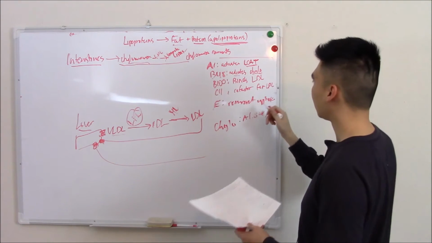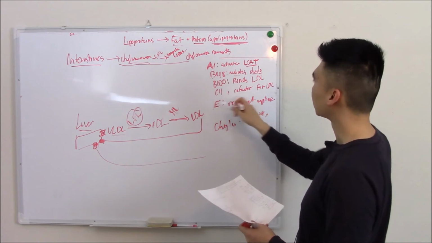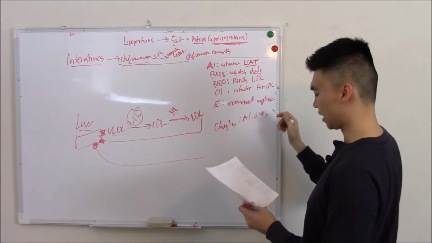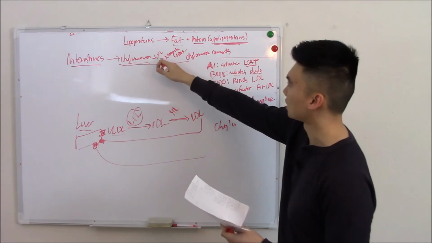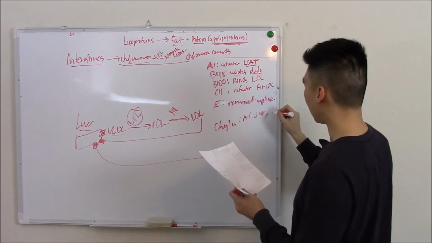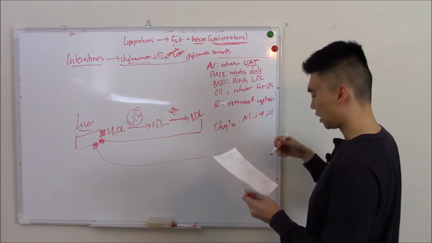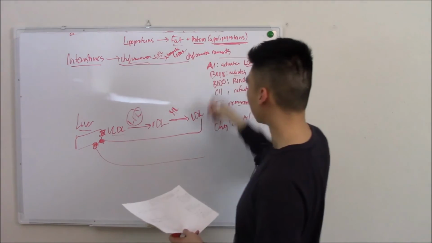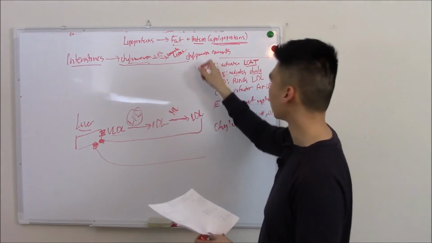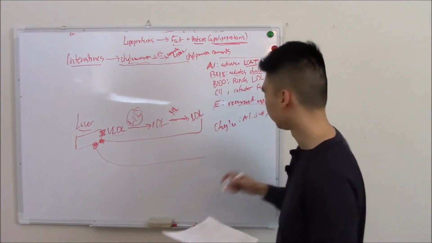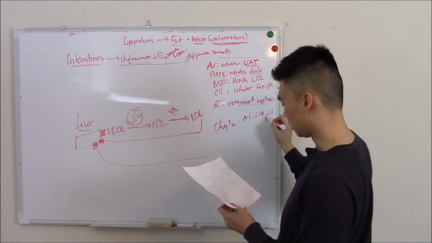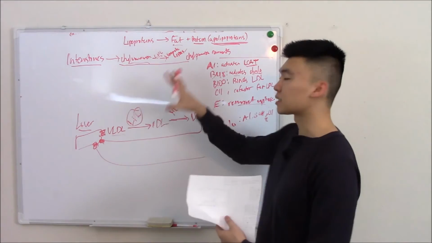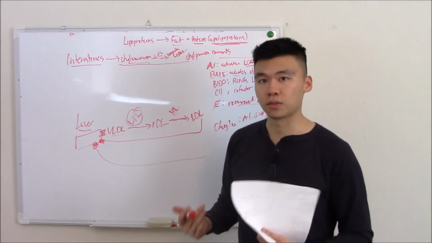No, so it doesn't have that. Does it ever get in contact with LPL? Yeah, that's how it releases it. So it has C2. And then finally, is there a remnant uptake of it? Yep. Once it gets used up, the remnants go to the liver. So it has E.